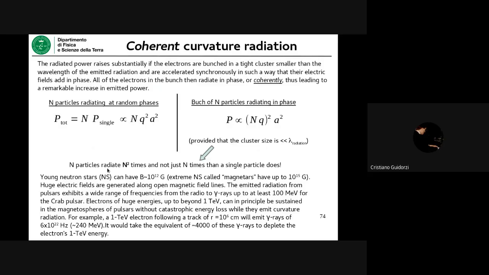So n particles radiating coherently is not just n times more radiating than one single particle, but n squared times. So that explains why these flashes of coherent curvature radiation can be bright enough to be seen. And indeed, as I said, that's the case.